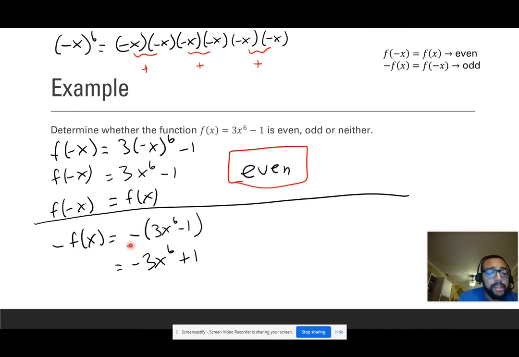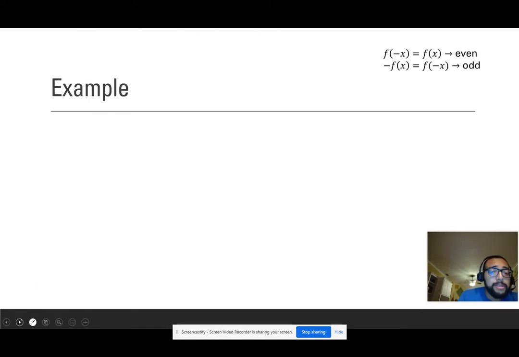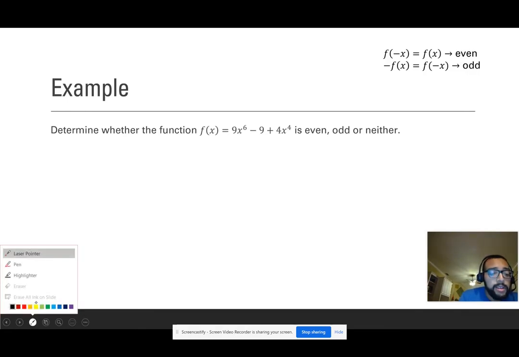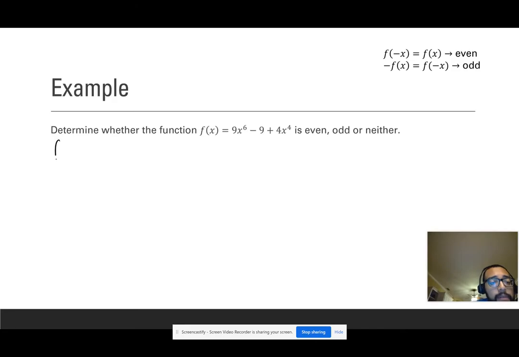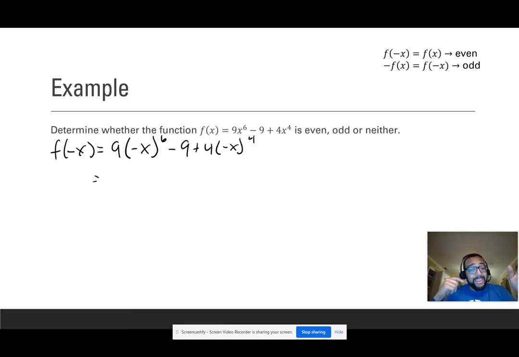So when I try out this next one, f of negative x, which is 9 times negative x to the 6 minus 9 plus 4 times negative x to the fourth, instead of having to write out negative x times negative x 6 times, I know that whenever I have an even power, it's always going to be positive in the end.